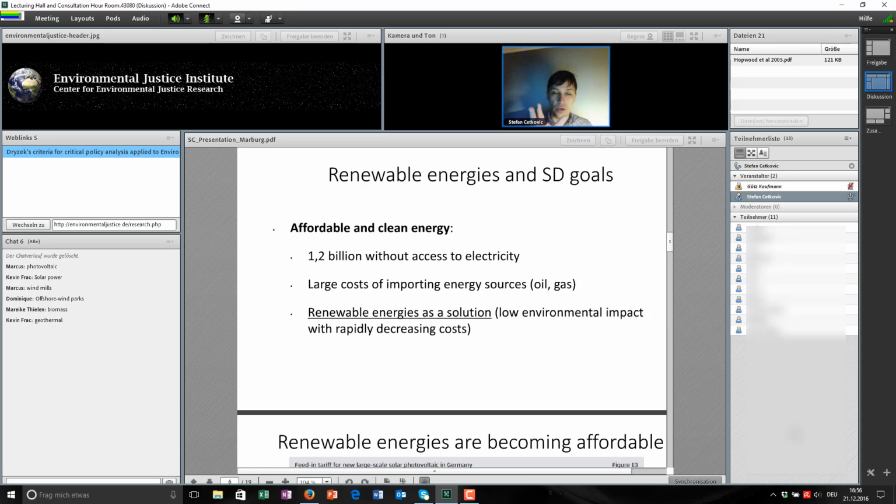It says we should strive for affordable and clean energy. And this is, of course, pretty self-explanatory. We have today 1.2 billion people without access to electricity. We have this quite widespread problem, in some countries particularly, of energy poverty related to large costs of importing energy sources, particularly fossil fuel-based sources, oil and gas.